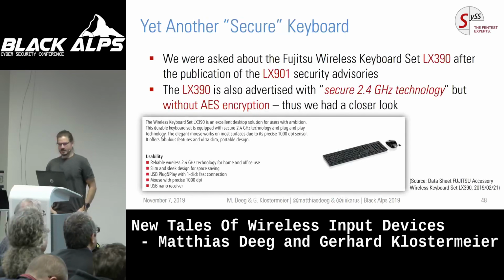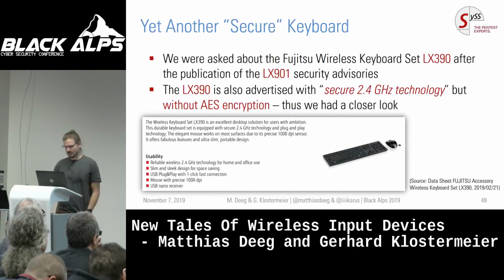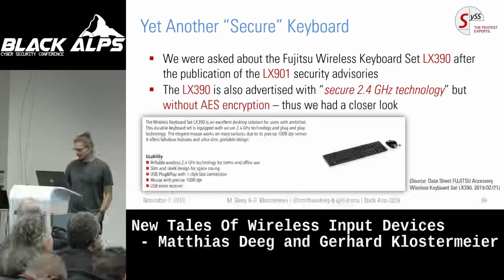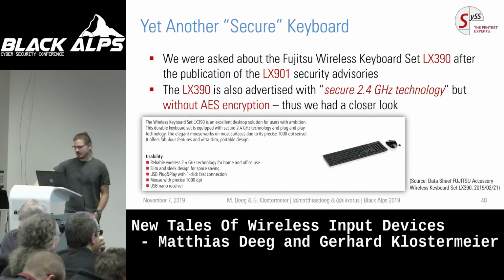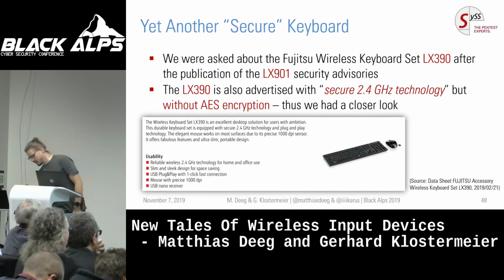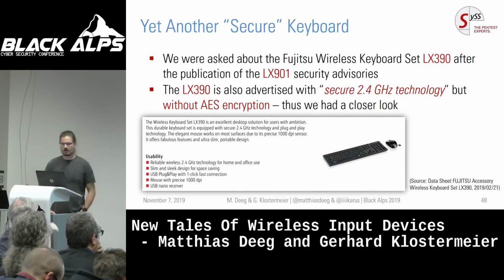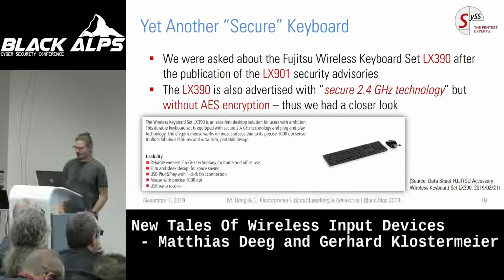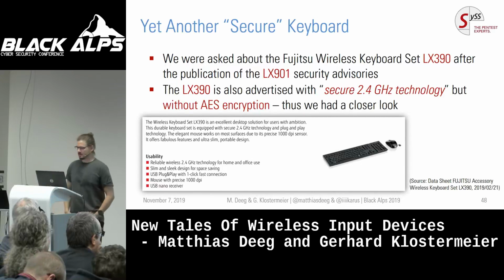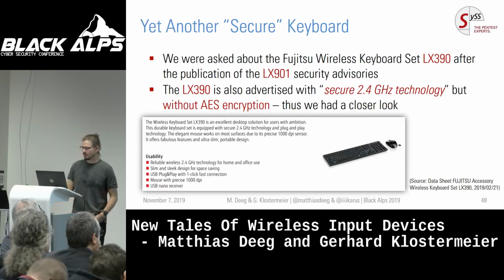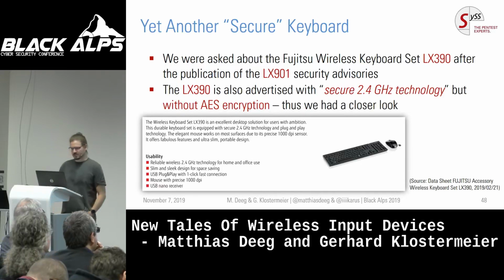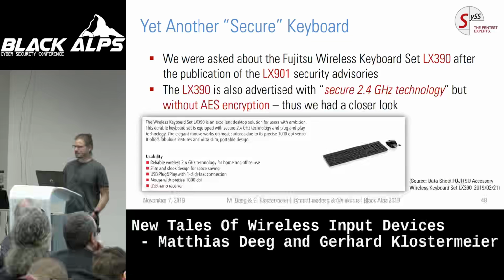After we had a closer look at the Alex 901, this is the one I just showed you, the keyboard, people asked us about the Alex 390 keyboard. And sure, fair enough. It advertised itself as a secure 2.4 technology keyboard, but not mentioning AES encryption anywhere.